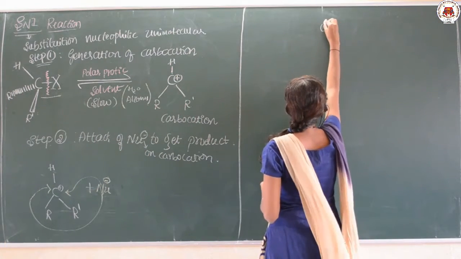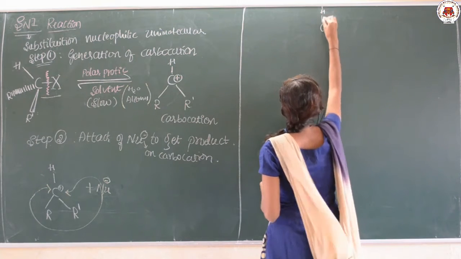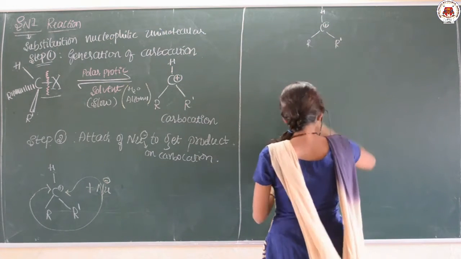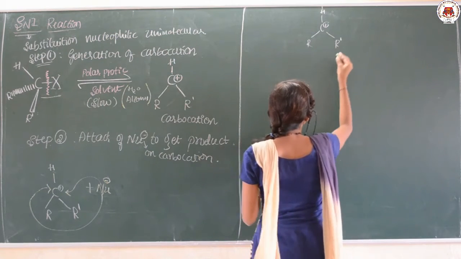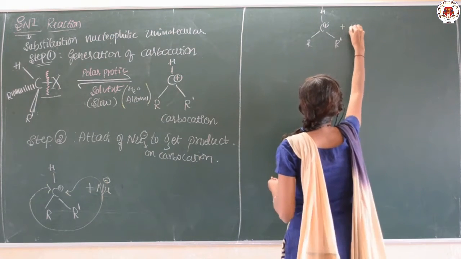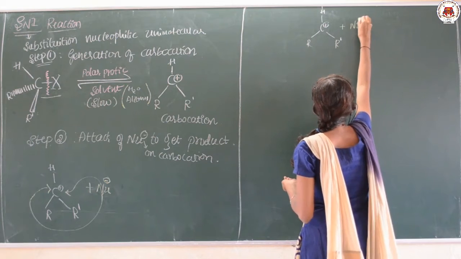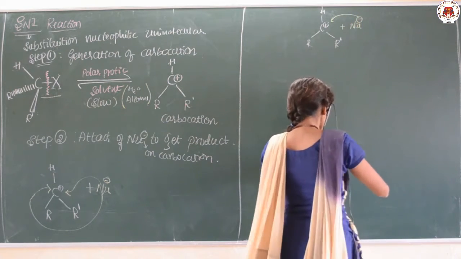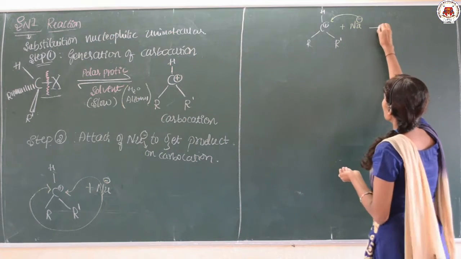This is our carbocation, and these are the groups which are attached to the carbon, R and R dash. Now the nucleophile wants to attack on it. Suppose the nucleophile attacks from the front, then what will be the product?